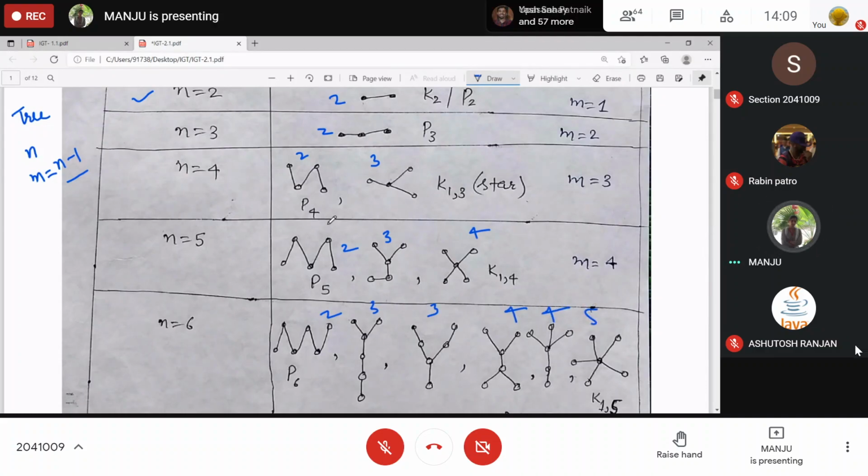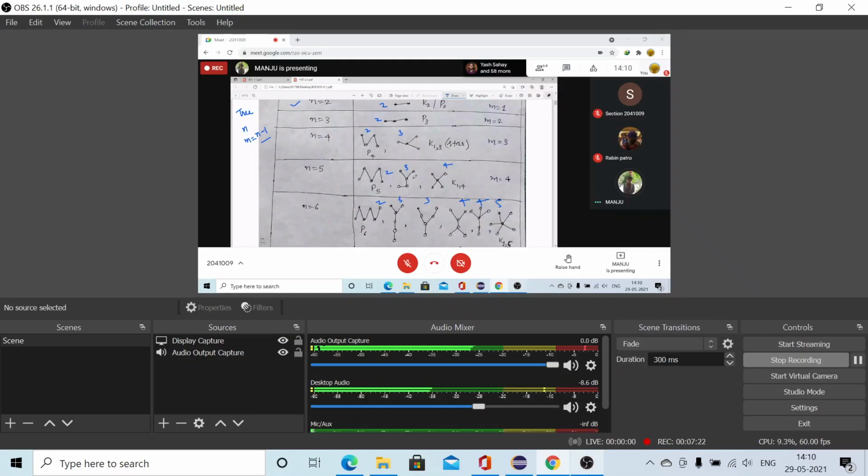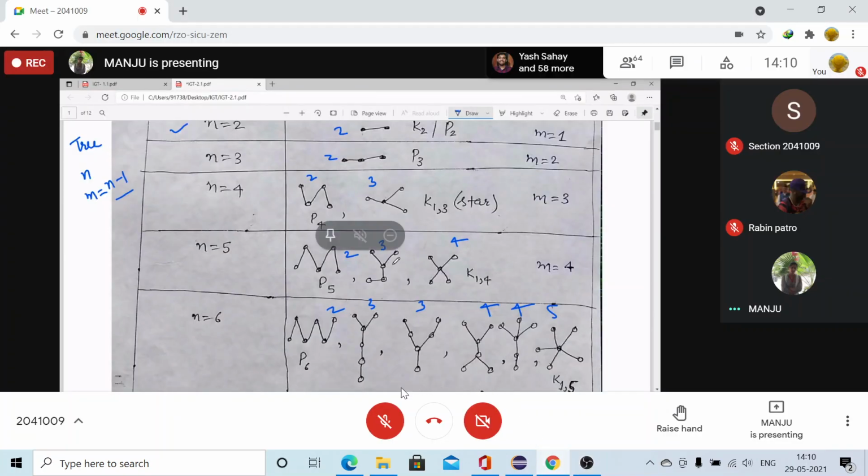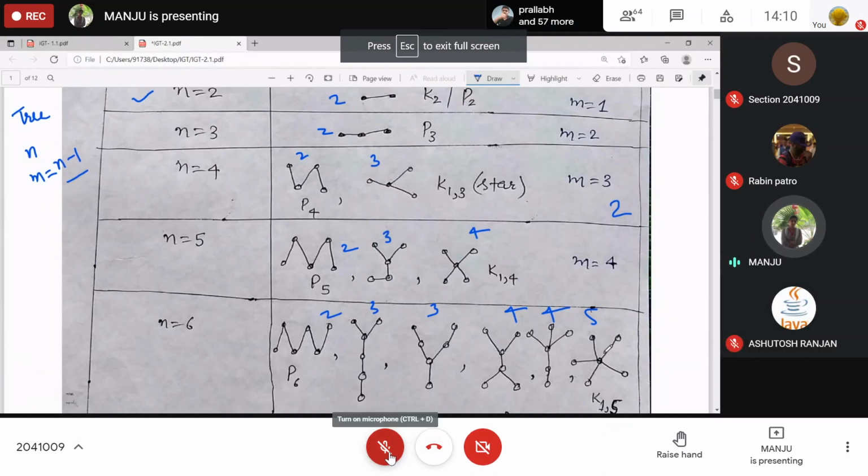So at least how many leaves are present in a non-trivial tree? At least 2 leaves are present, and at most it can be n minus 1.